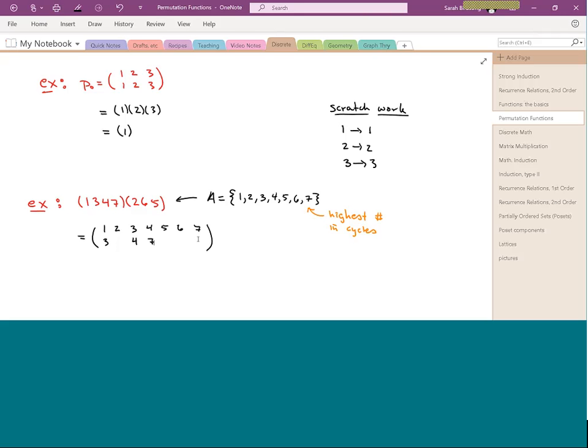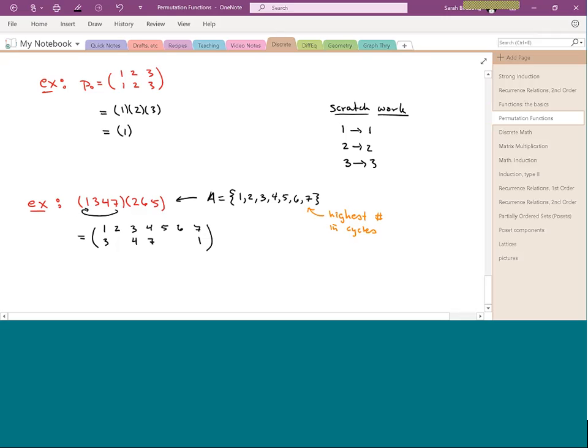Well, we'll come back to it. Okay. So if we then look in our second cycle, we've got 2, 6, 5 in that order. Ooh, there's a guess. Yes, you are correct. Now, why would 7 get mapped to 1? Because remember, this guy is a cycle. So 7 goes back to wrap around the end and come back at the beginning. Just like that. Okay. And that's why we call it a cycle.